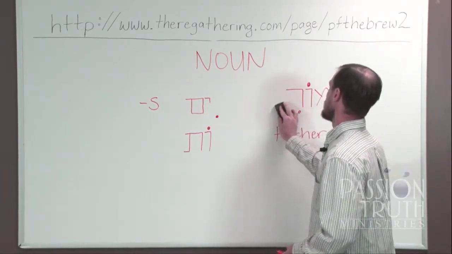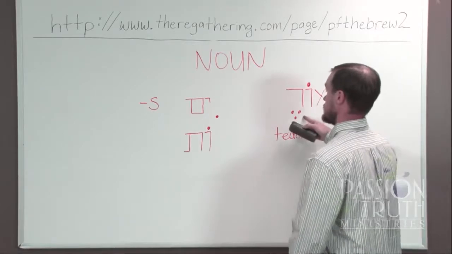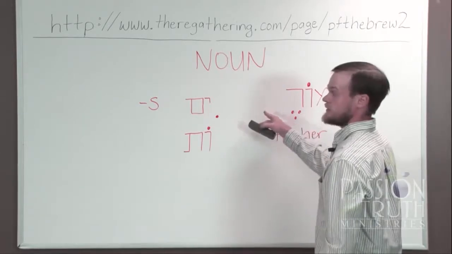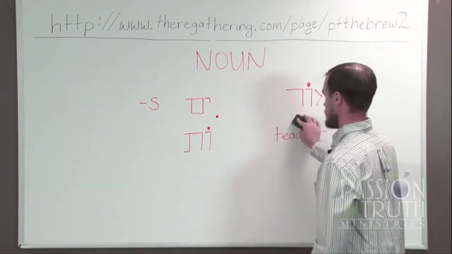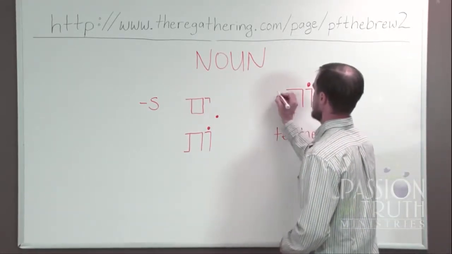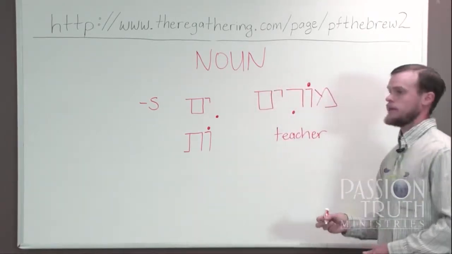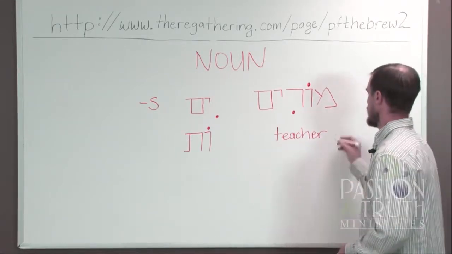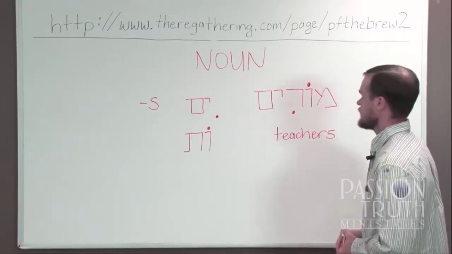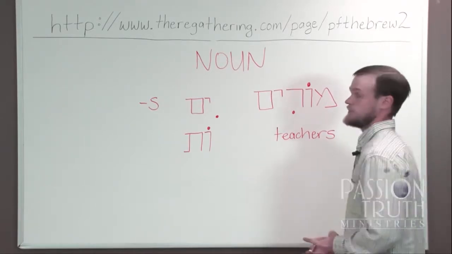So the hey will disappear, and the vowel that preceded the hey is going to be replaced by the vowel of the suffix. Okay? So moreh, we drop the hey, drop the segol, and add the chirik, yod, mem, making it morim, teachers. Okay? So it does not become morehim, but it becomes morim.